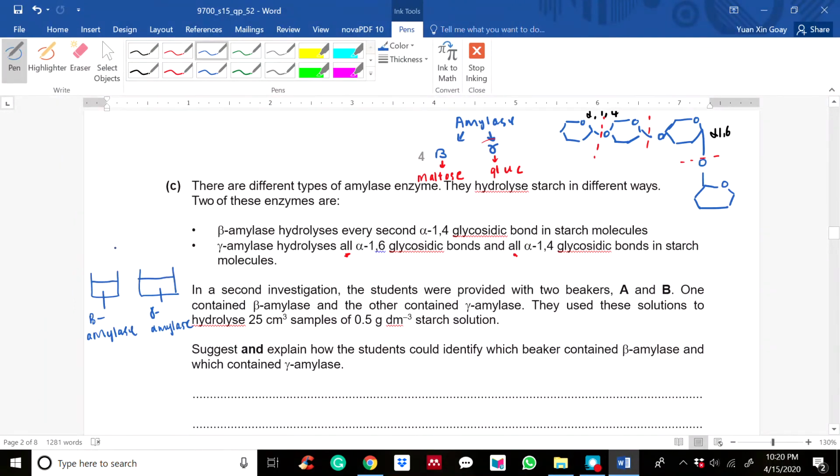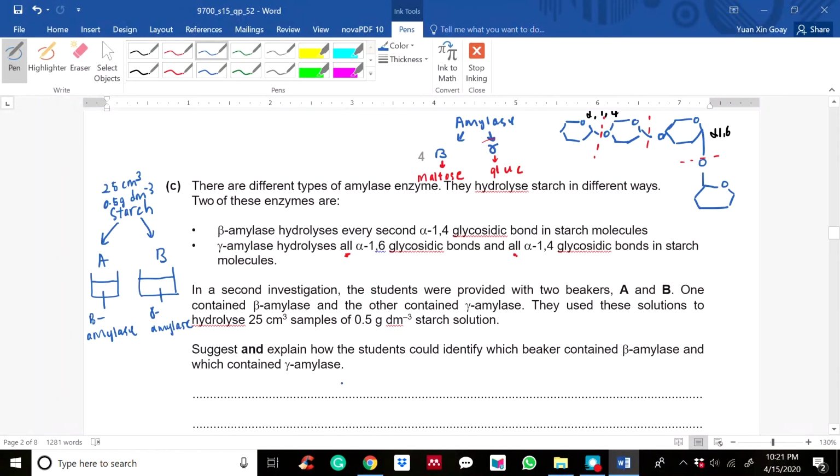This is beaker A and B. They also add in starch solution, which is the same volume, 25 cm³, and with the same concentration, 0.5 gram per centimeter cube.